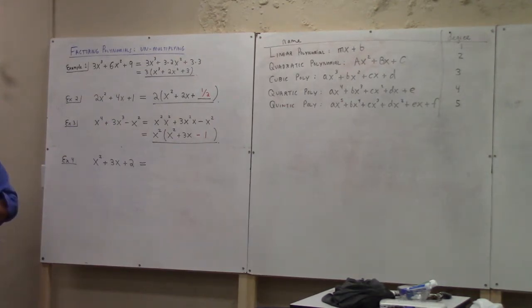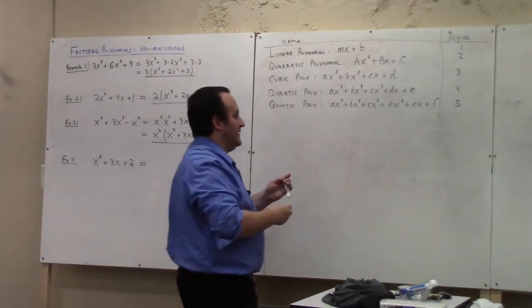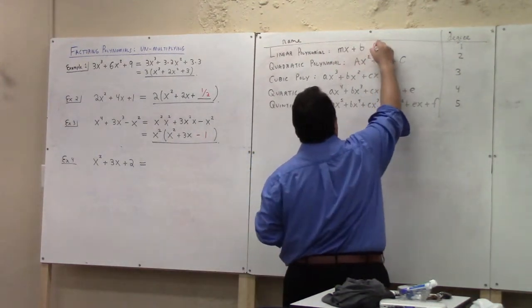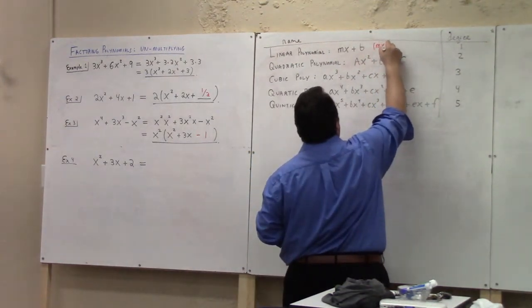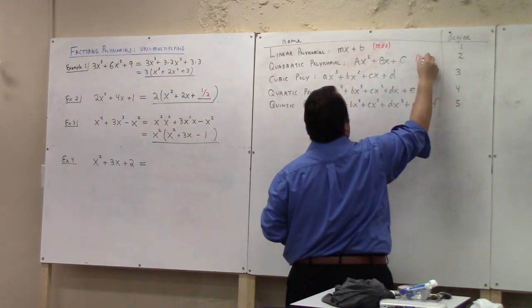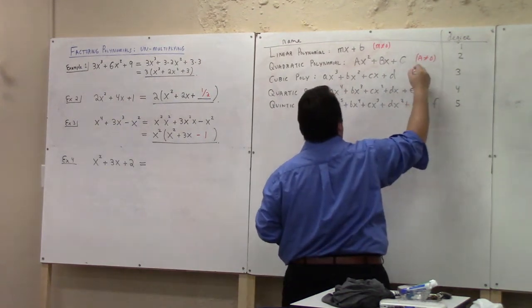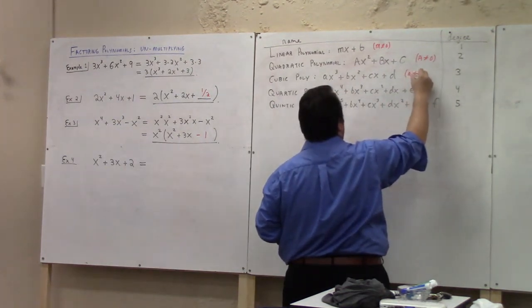If the big A was equal to 0, we'd really just have a linear polynomial, right? So it's also our custom to insist that the leading coefficient is non-zero. So, fine print: m not equal to 0, A not equal to 0, and little a not equal to 0, the way I've written them.